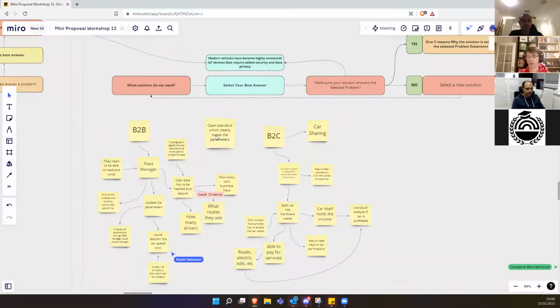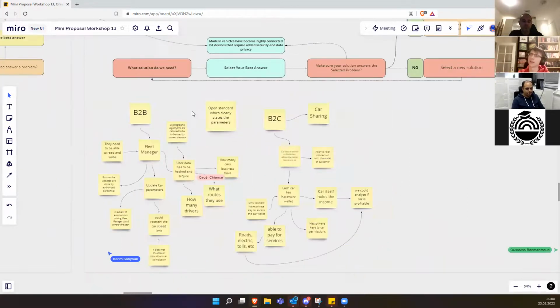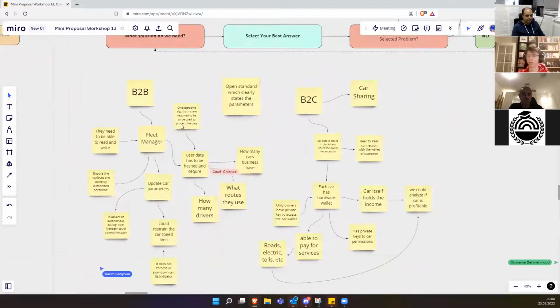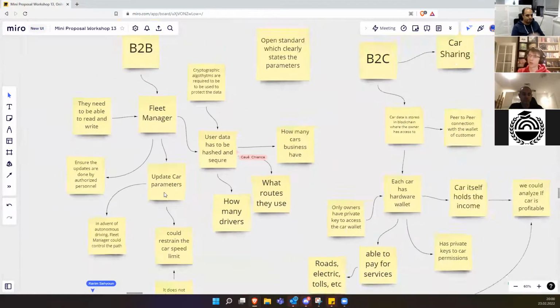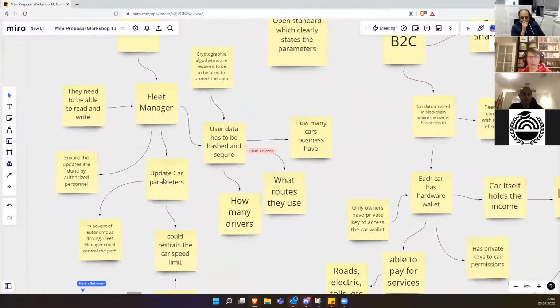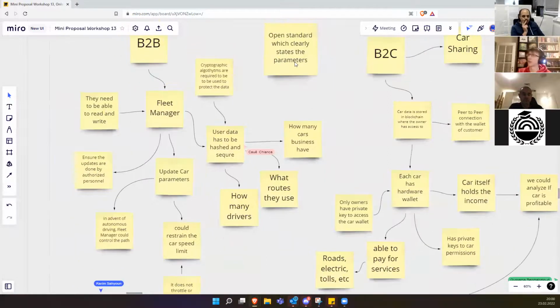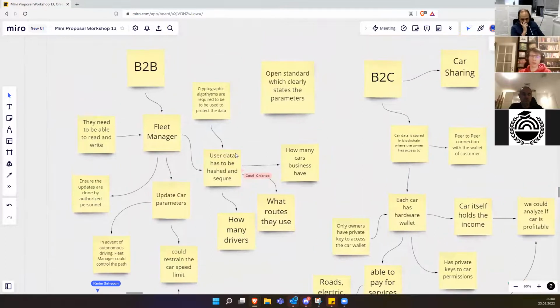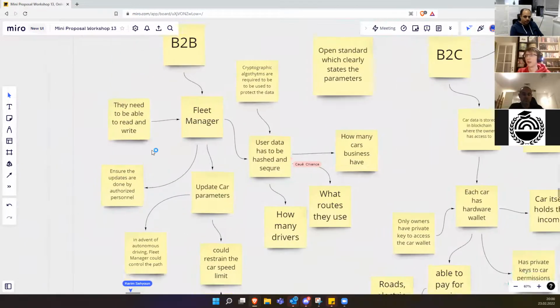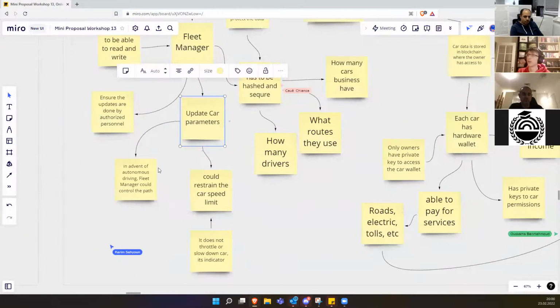In this case, we now would go and select a specific solution: do we want to go through the B2B route? And if we do, do we want to talk about what kind of car parameters we want, like reshares, what is the open standard of it, what you shared before, or do we want to talk about the security, what kind of security is used, what are the hashes, when do you use a zero knowledge proof, information like that, and what else we have.